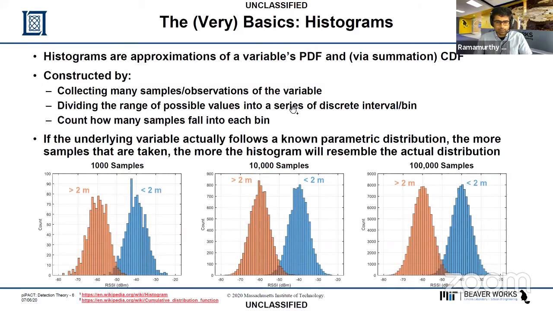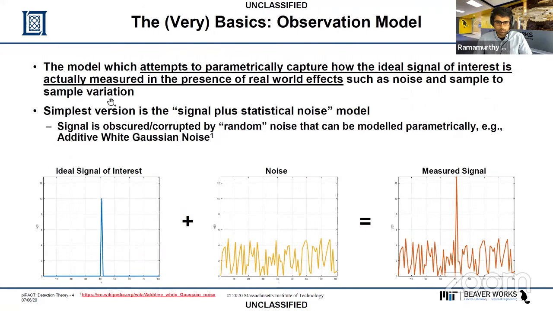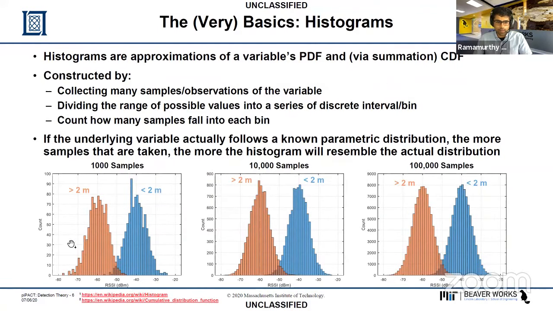And you construct them very simply. You collect lots of samples. You divide the range of potential values into a series of discrete intervals or bins. Basically, does any given value fall between -2 and -1, then -1 and 0, and then 0 and 1, into discrete intervals, and you count how many samples fall into each bin.